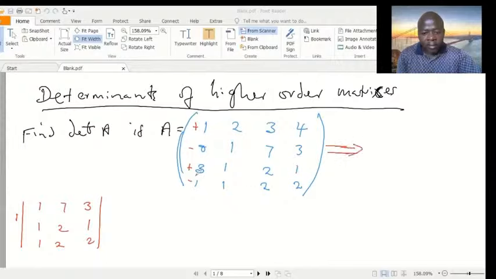So to make it easier, let me create a 0 here. How do I create a 0 here? Take row 3 minus 3 multiplied by row 1. How do I create a 0 here? It's in row 4, just subtract row 1.